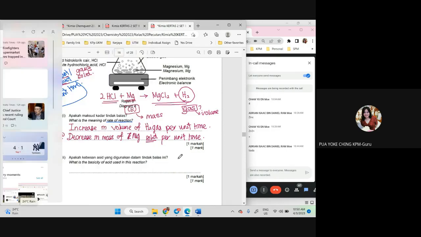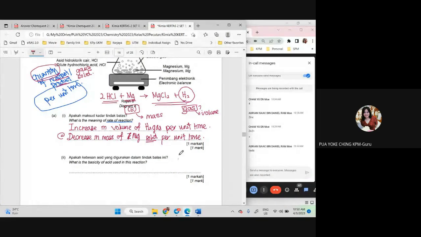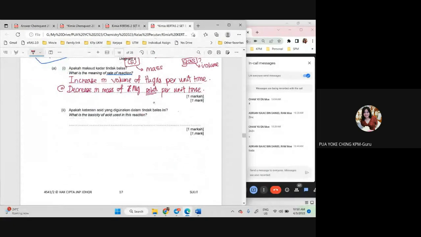The next one, apakah kebesan asid yang digunakan dalam tindak balas ini? What is the basicity? Apa dia nak tanya ni? Kebesan ataupun basicity maksudnya dia tanya sama ada dia monoprotic, dia diprotic ataupun triprotic.